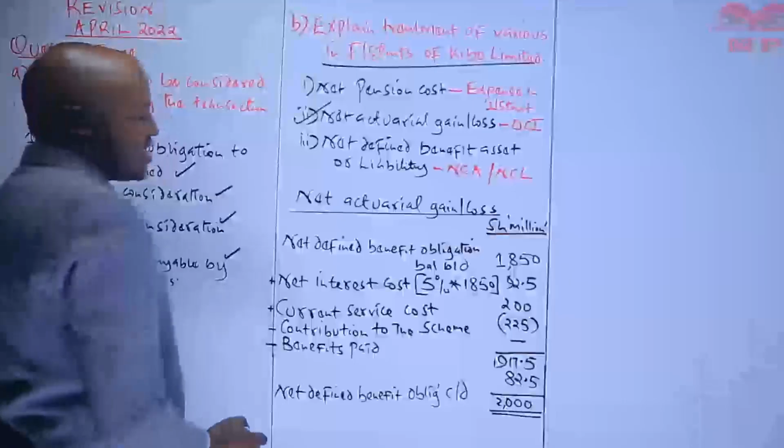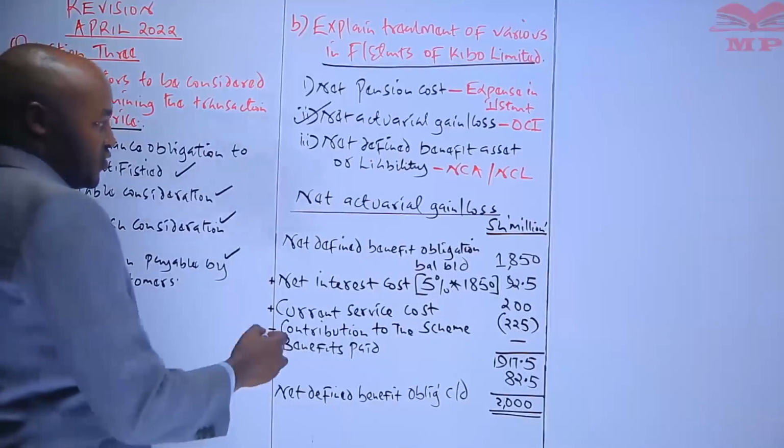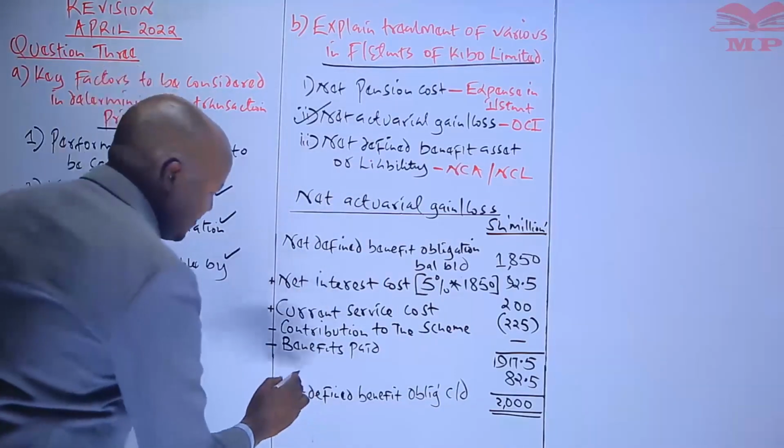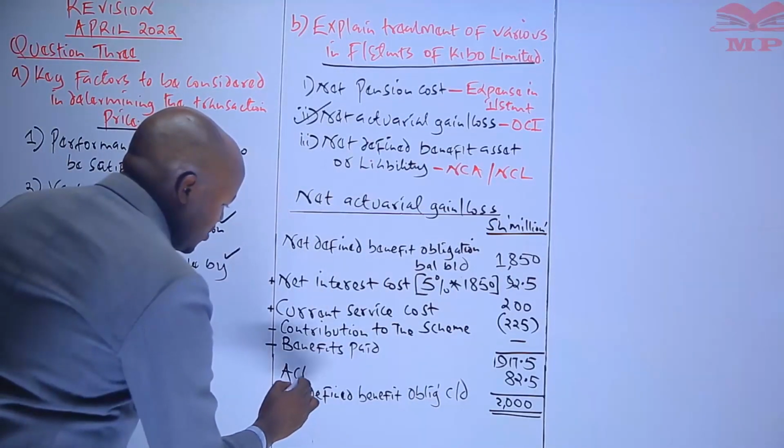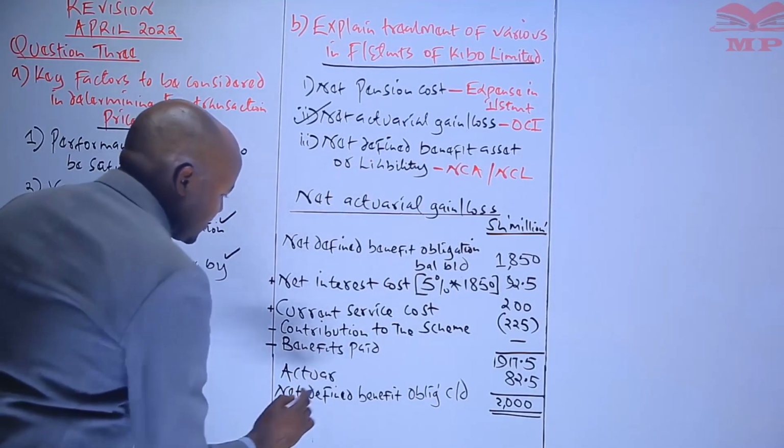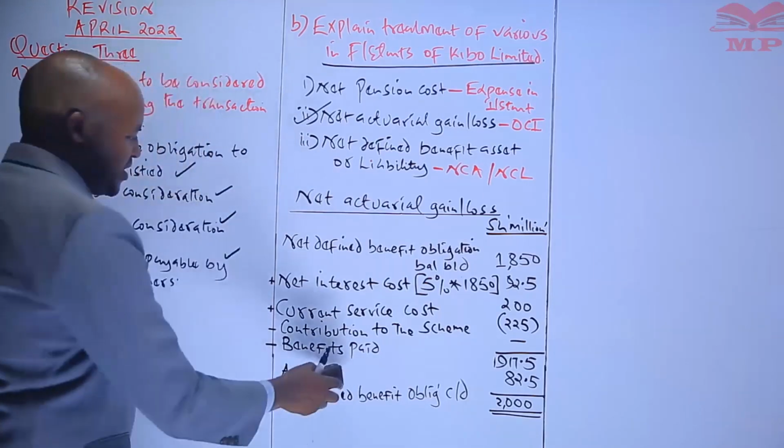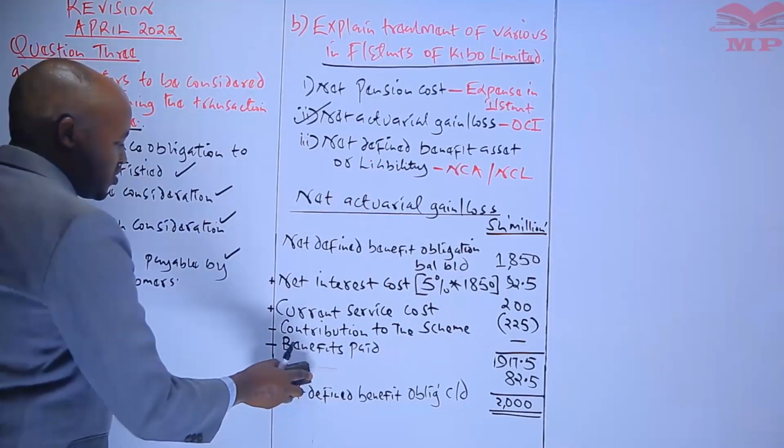82.5, and because this is an increase, and we have said that this is a liability, anytime the value of a liability increases, that automatically is a loss.